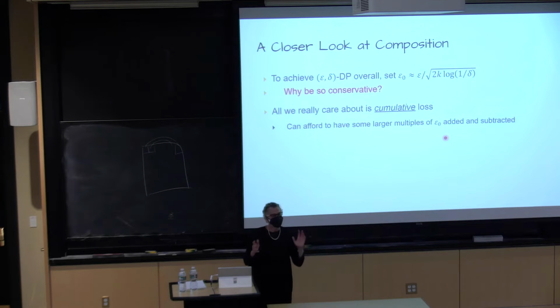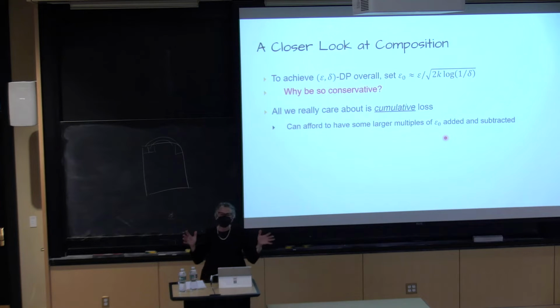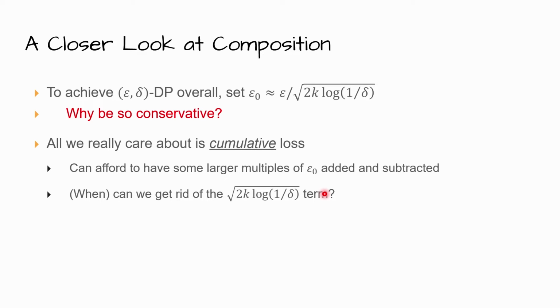So all we care about is cancellation in the long run. We don't need to control each step so tightly. And so that asks the question, when or how or can we get rid of that nasty log 1 over delta? Forget about the square root of 2. You can't get rid of the square root of k. But when can we get rid of the log 1 over delta term? That's the question.